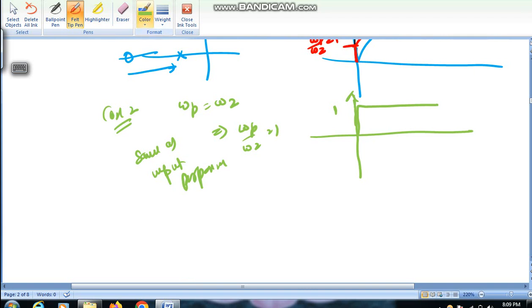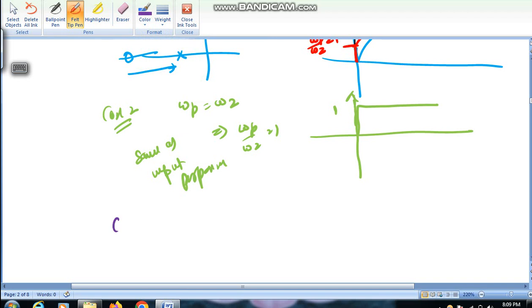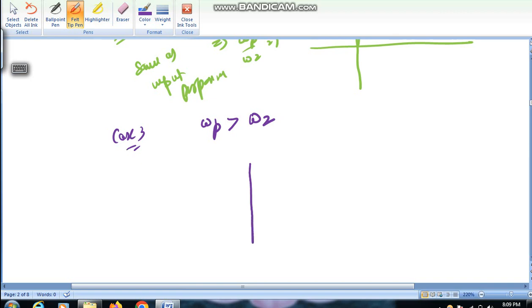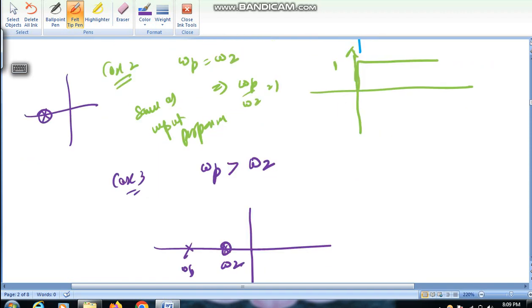Now let's consider case 3: omega_p greater than omega_z. It means this is your omega_p, and this is your omega_z, more close to the origin. So this was the case when omega_p and omega_z are at the same point.